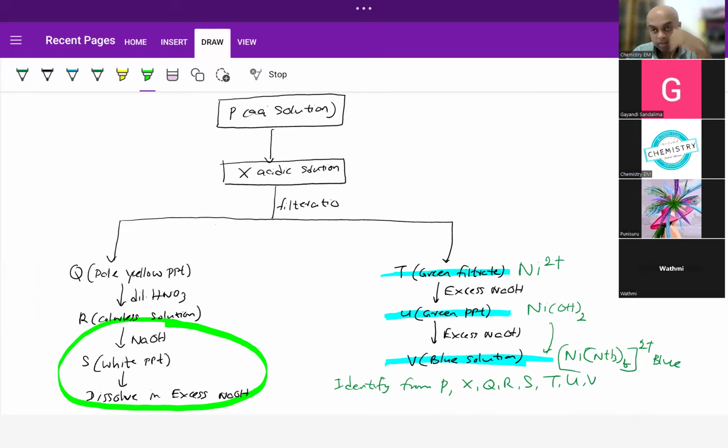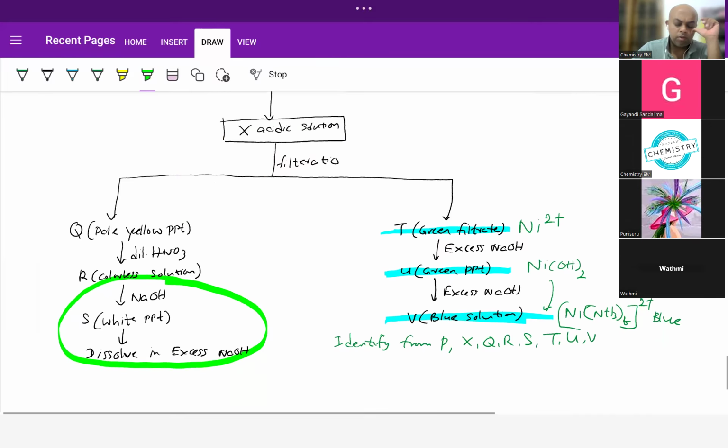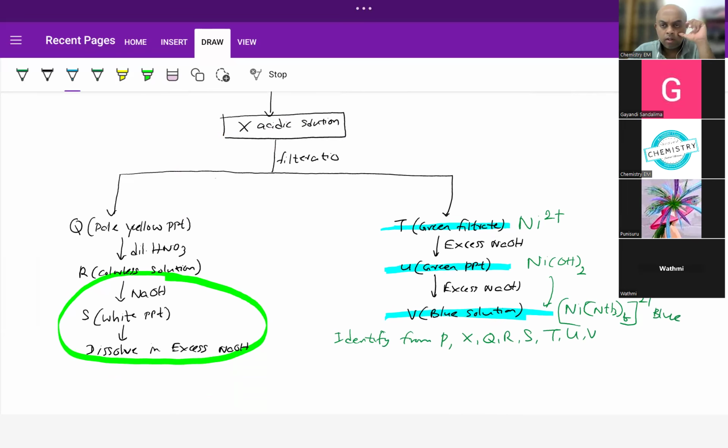With excess sodium hydroxide, it is creating a colorless solution. What are the occasions that you can see hydroxide is dissolved in excess hydroxyl ions in chemistry? What are the situations that you can observe this one? You are applying sodium hydroxide, precipitate, excess sodium hydroxide, it is dissolving.